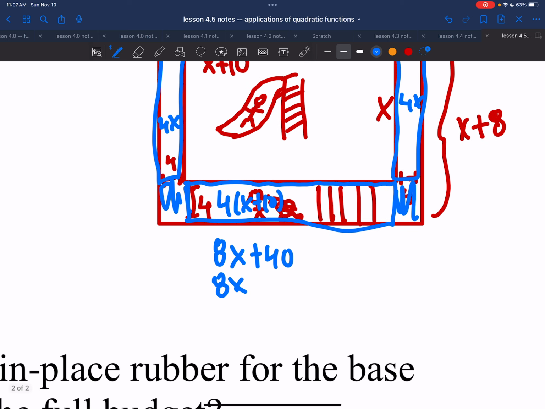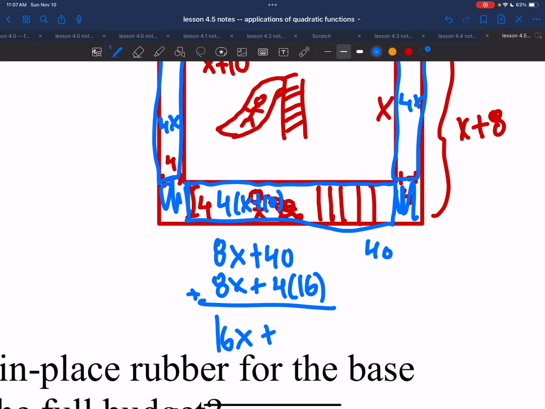They're 4 by 4s, so they're all of area 16, and you have 4 of them. So it's 4 times 16. So then if you total that, that's 16x plus, and then 4 times 16, let's see, that's 64. And so that's, oh, what?